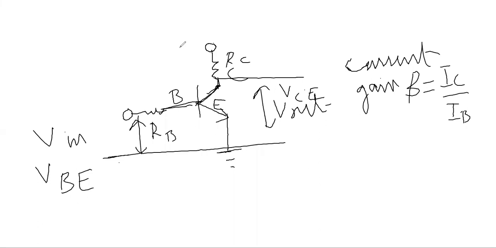We also discussed that the emitter current IE is equal to IC plus IB.